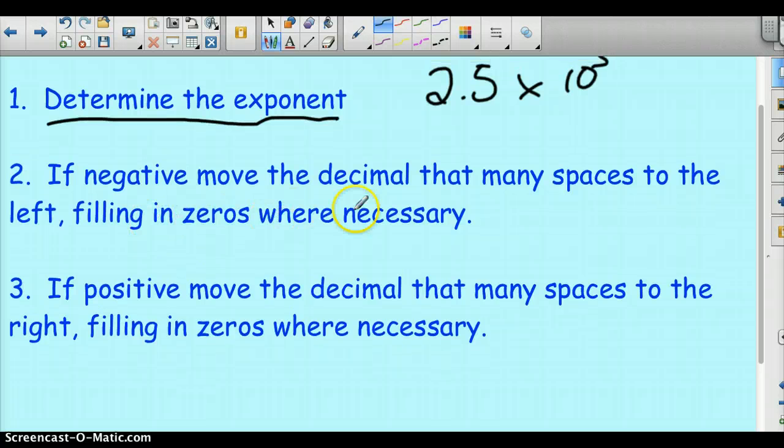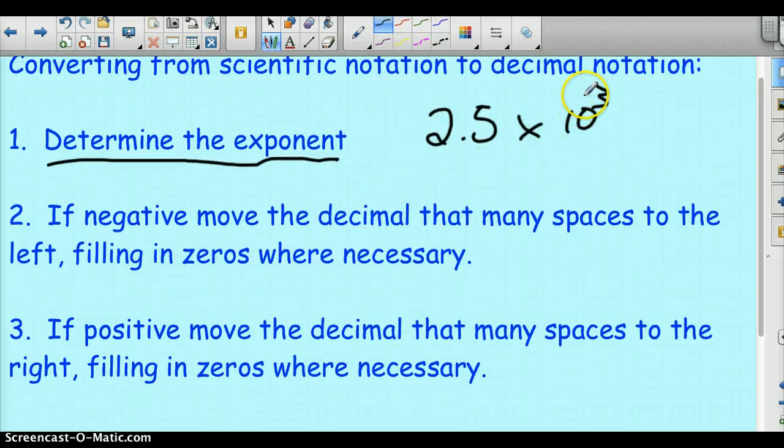Now, if this exponent is negative, for example, if it was 2.5 times 10 to the negative third power, we will move the decimal point that many places to the left and fill it with zeros. If it were to the positive power, let's say it is 2.5 times 10 to the positive 3 power, in that case we would move the decimal 3 spaces to the right, filling in zeros where necessary.